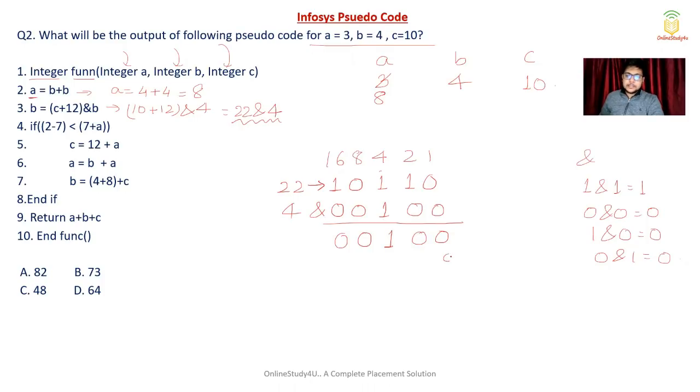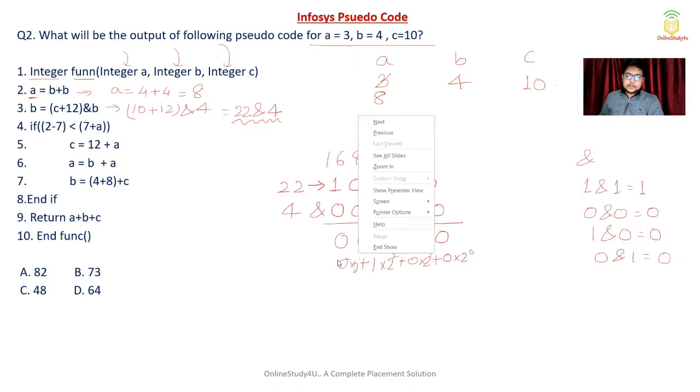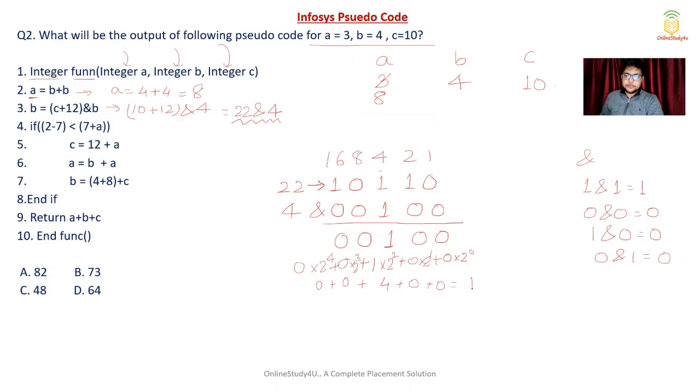So this is 0 into 2 to the power 0 plus 0 into 2 to the power 1 plus 1 into 2 to the power 2 plus 0 into 2 to the power 3 plus 0 into 2 to the power 4, that is 0 plus 0 plus 4 plus 0 plus 0 is equal to 4. So this is how we do the AND operation, and the value of b gets updated to 4, which it was initially, so it does not change.